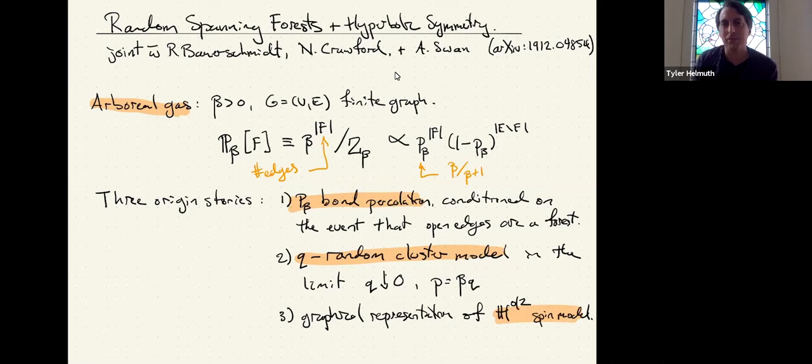It's also a graphical representation of something called the H02 spin model. And this one we'll see later. Probably you've never seen it before. Okay, so I think for this talk, I'm mostly going to think about the first version and the third version. But the second version is also interesting, although it's just harder to turn into theorems.